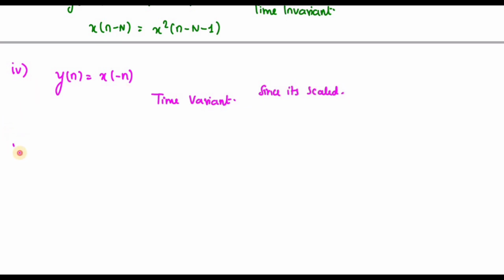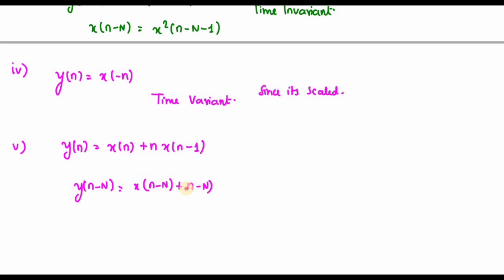Next, suppose y of n is equal to x of n plus n into x of n minus 1. If n is shifted by N, we'll get x of n minus N plus n minus N into x of n minus N minus 1.